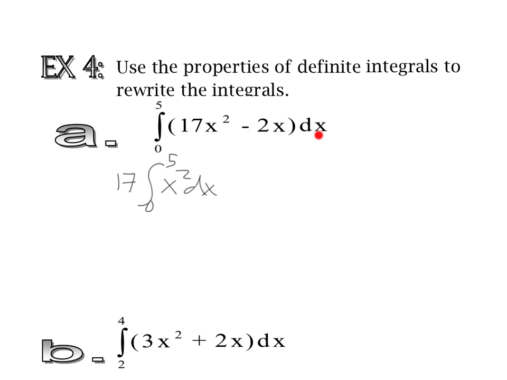I could almost imagine distributing this dx to each term. Minus, now there's a 2 out in front, right? There's a 2, so I could just say minus 2 times the integral from 0 to 5 of x dx. And again, they didn't ask me to evaluate, they just asked me to rewrite, so that's all I'm doing here, is just rewriting this.